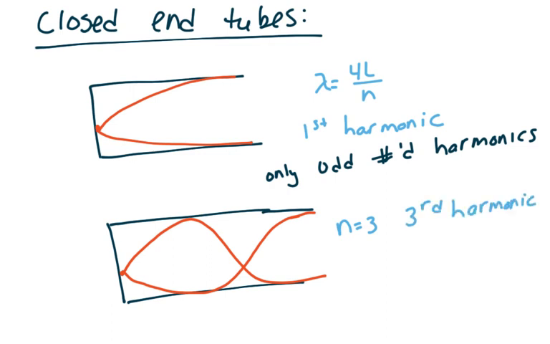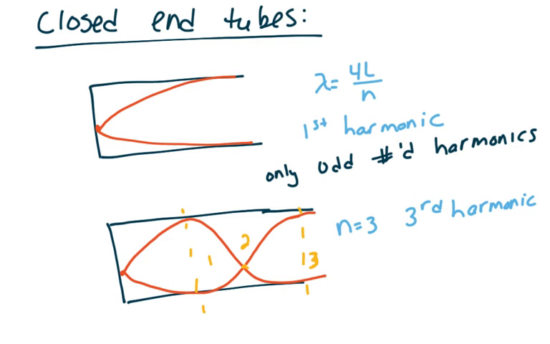The best way I can tell you to count these, or the way it makes sense in my mind, is you ignore that first node, but it has an antinode here, a node here, and then a third antinode here. And so that's how I count them. Or you could count all the nodes plus the antinodes and then subtract 1.